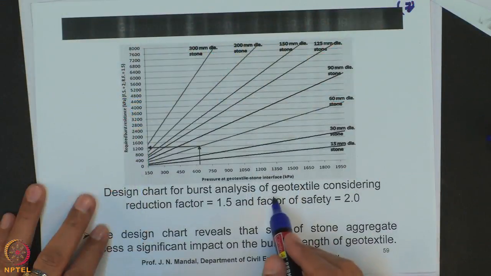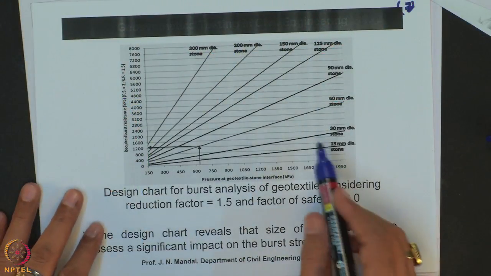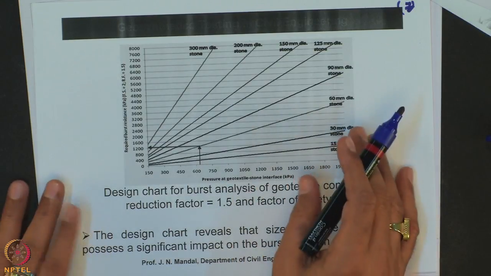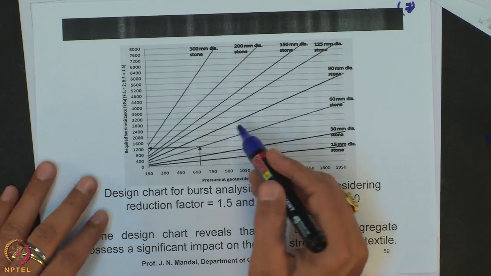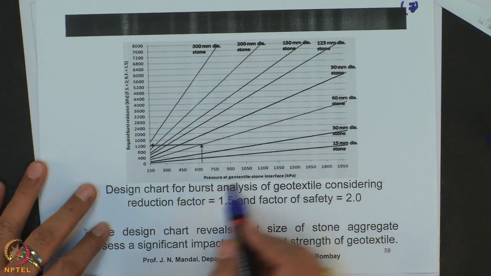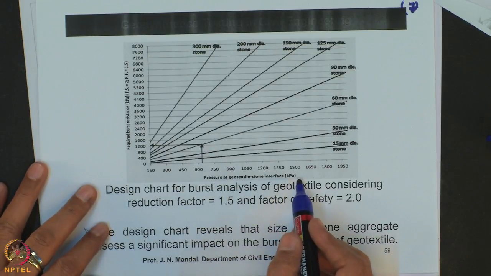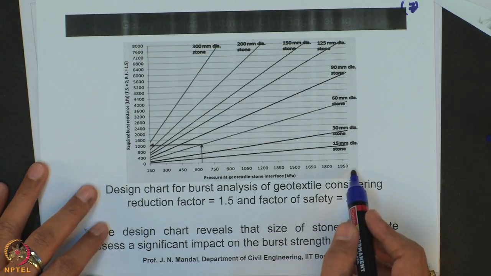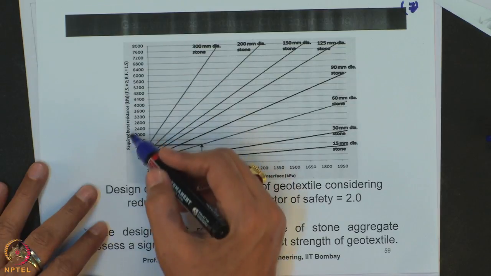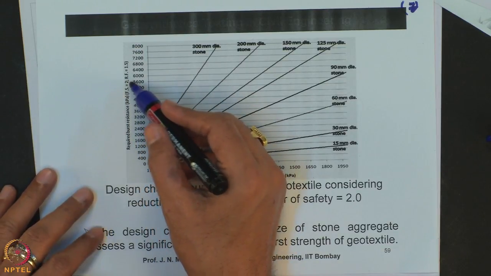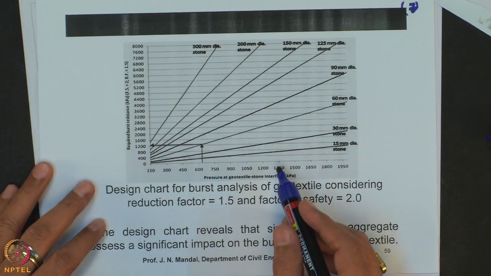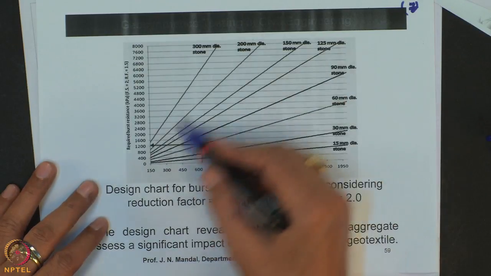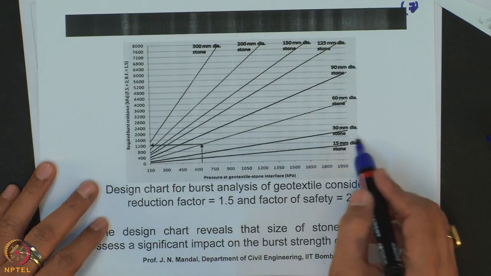This is the design chart for burst analysis of geotextile, considering the reduction factor 1.5 and the factor of safety 2. Here the x axis is the pressure on the geotextile stone interface in kilopascal, from 150 to 1950 kilopascal, and this is the required burst resistance in kilopascal with the factor of safety 2 and reduction factor 1.5. So, you can have various lines for different diameters of the aggregate or stone.